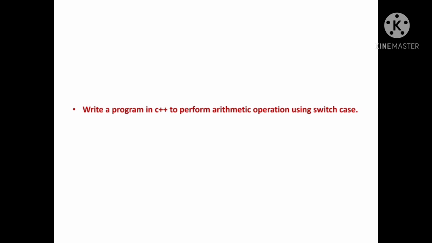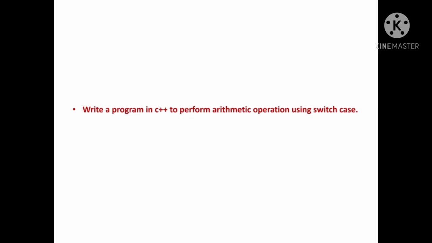Switch case comes under selection structure. The switch statement is used to select one of many code blocks to be executed. A switch statement allows a variable to be tested for equality against a list of values.